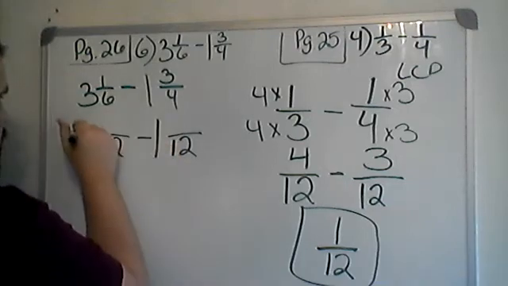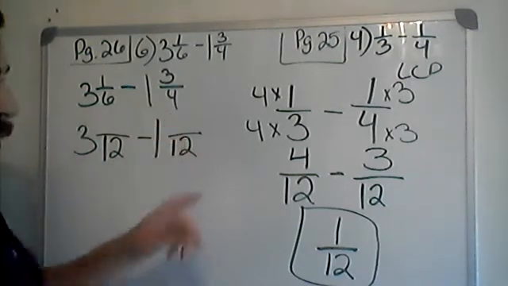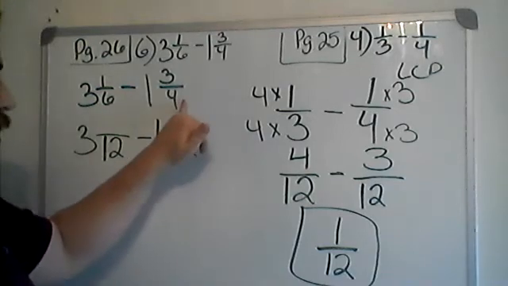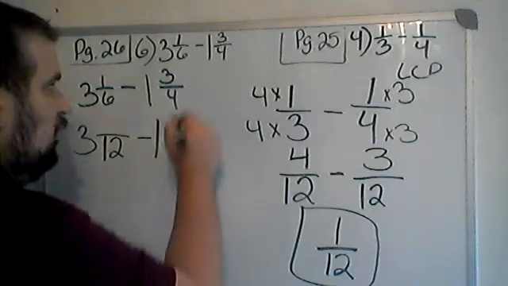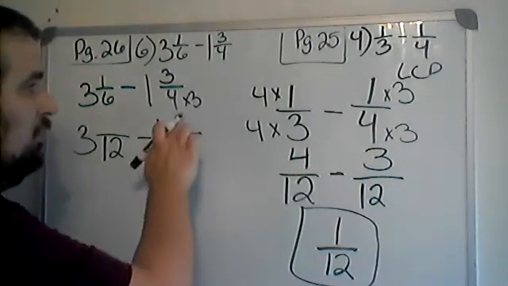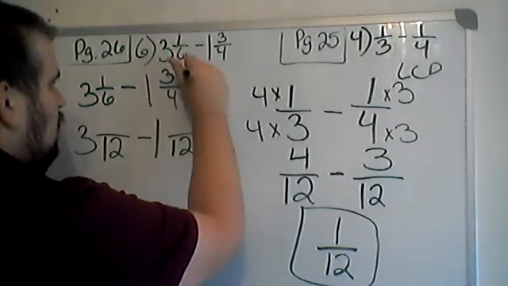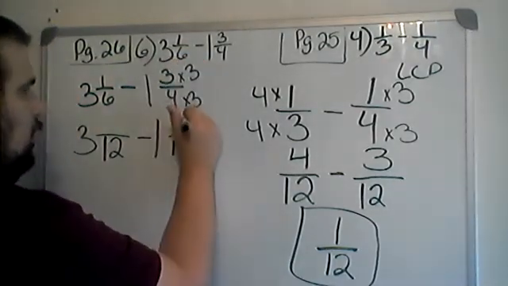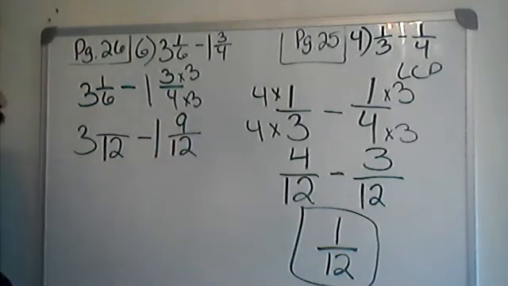I'm going to keep my whole numbers the same right now. So going back over here, what did I multiply 4 by to get to 12? That was 3. So I had to multiply 4 times 3, and anytime I do that to the denominator, I have to do it to the numerator. So I have to multiply 3 times 3. So I end up with 9 twelfths, 1 and 9 twelfths.